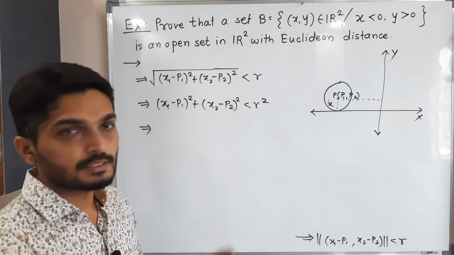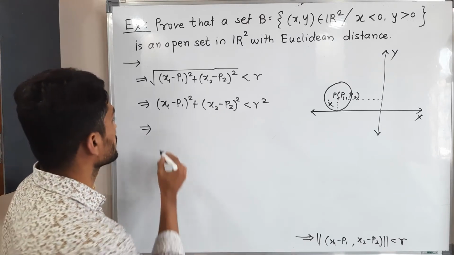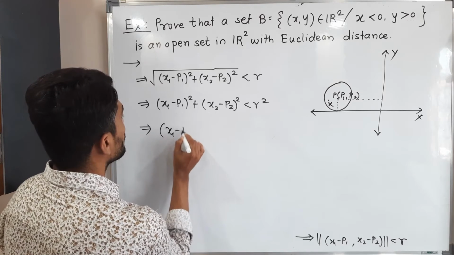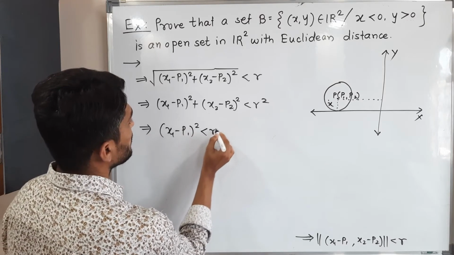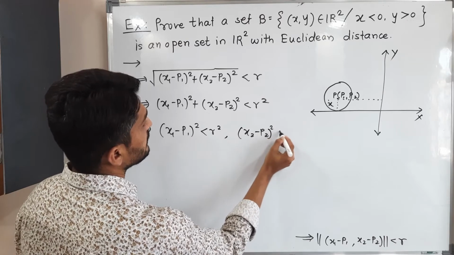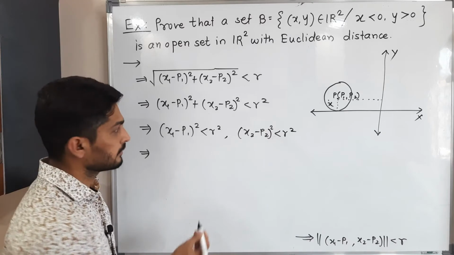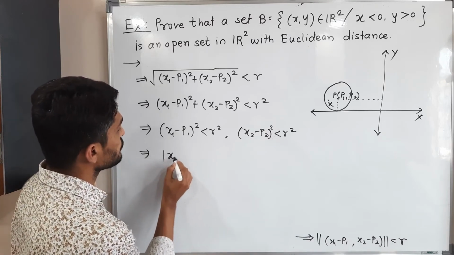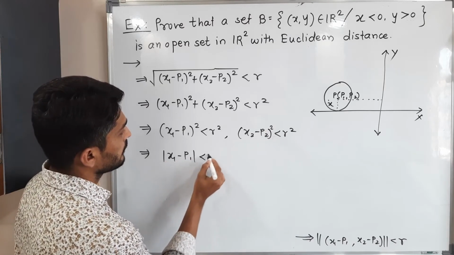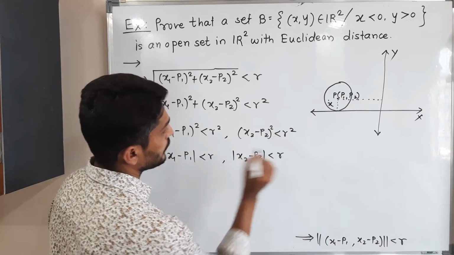Next, obviously the sum of these two is less than r square, so each of them is less than r square. Therefore (x1 minus p1) square is less than r square and (x2 minus p2) square is less than r square. By taking the positive square root of both sides, we remove the square.